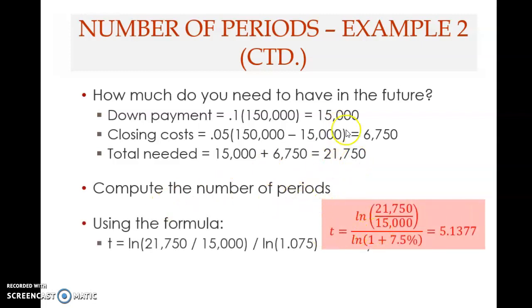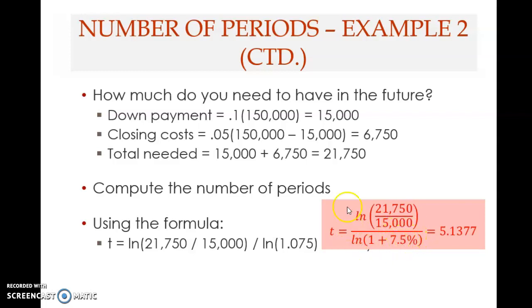Now you know that the future value is 21,750. This is the future value at the end of period n. You divide this by the present value at time 0. You have $15,000 now. You need 21,750 in order to purchase the house. And you can invest this $15,000 in an investment that gives you 7.5% per year.